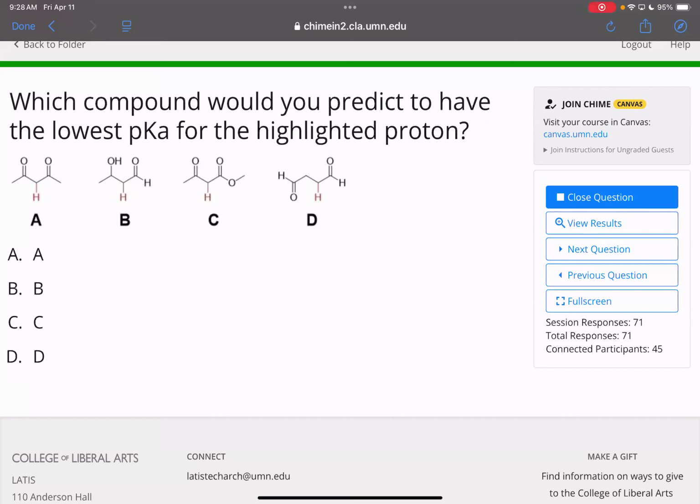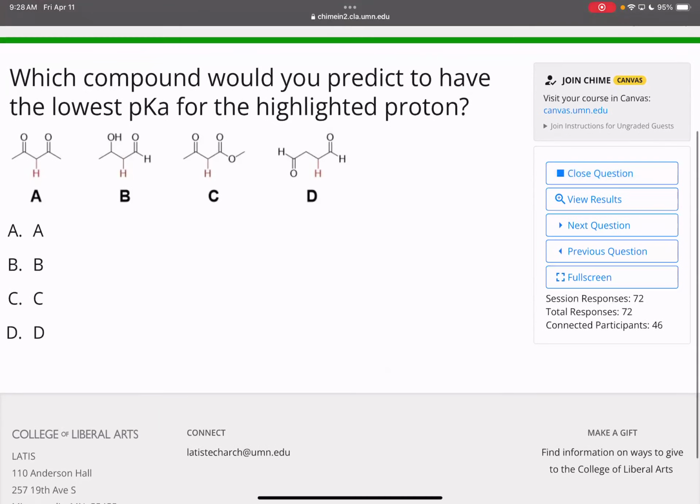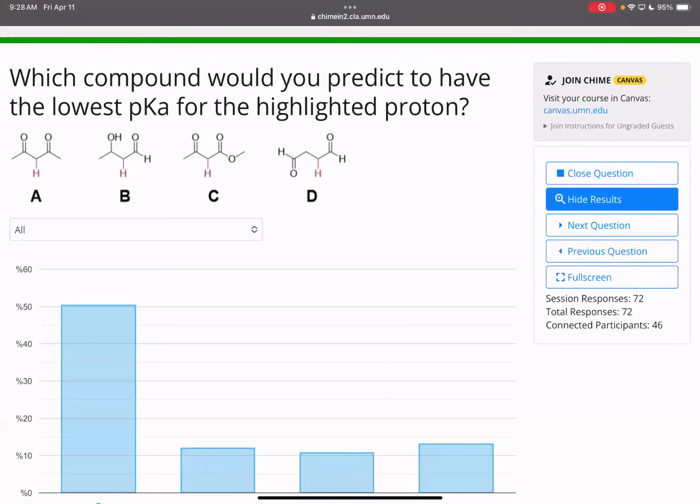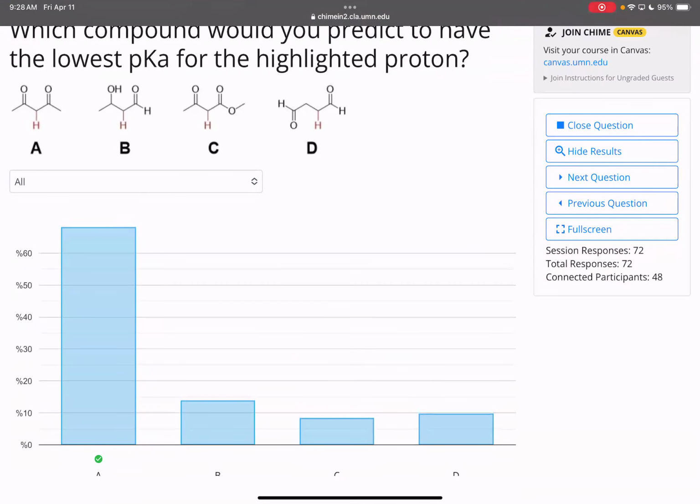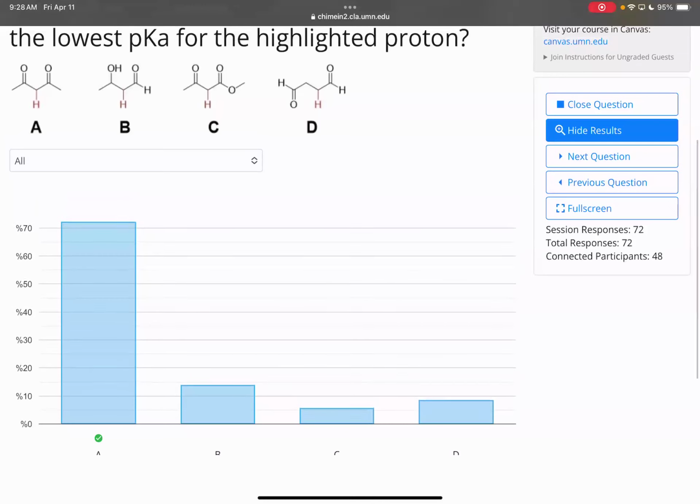Maybe 10 more seconds to get your answers in. All right, let's see what we got. Okay, all right. So most people are getting it. A is the correct answer, but the other answers are pretty spread.